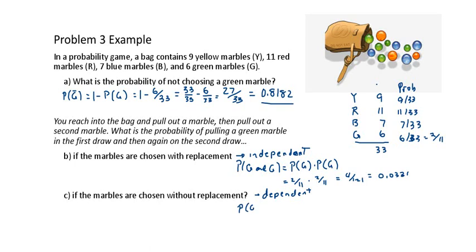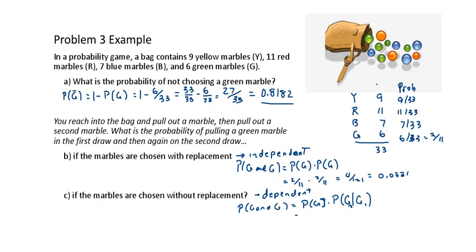The probability of getting a green and then another green will be equal to the probability that we pull out green the first time, times the probability that the marble is green on the second draw, given that we just had a green in the first draw. They're going to be different.